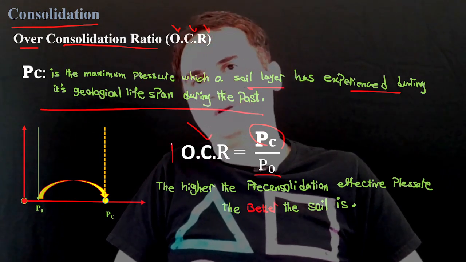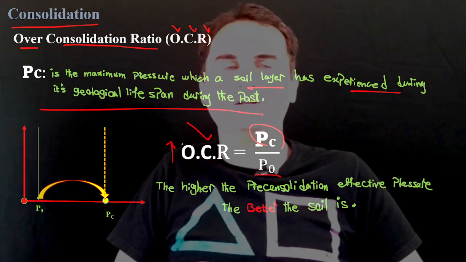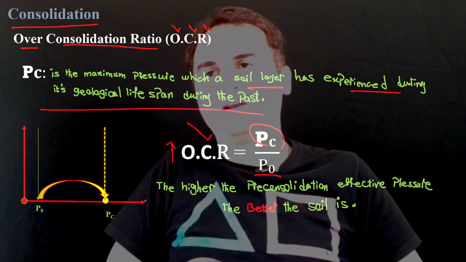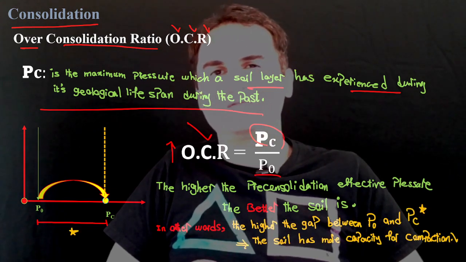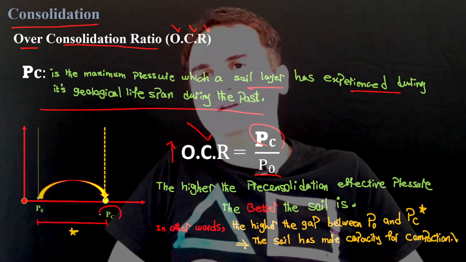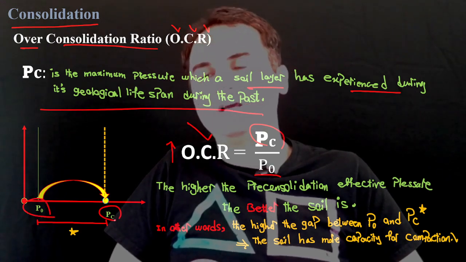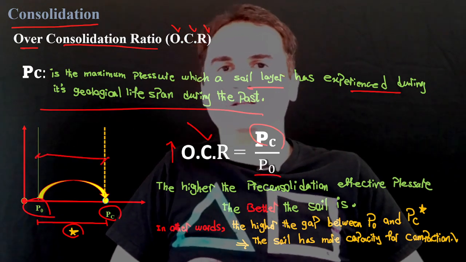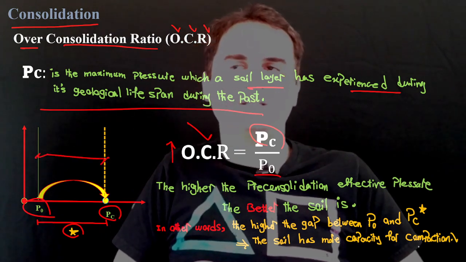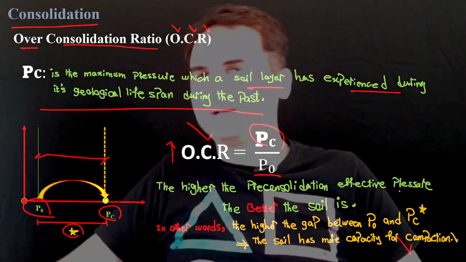So if OCR is a higher number, that's a good indication. In other words, the higher the gap between P naught and PC, initial effective stress and pre-consolidation pressure, the more capacity the soil has for more consolidation or compaction.